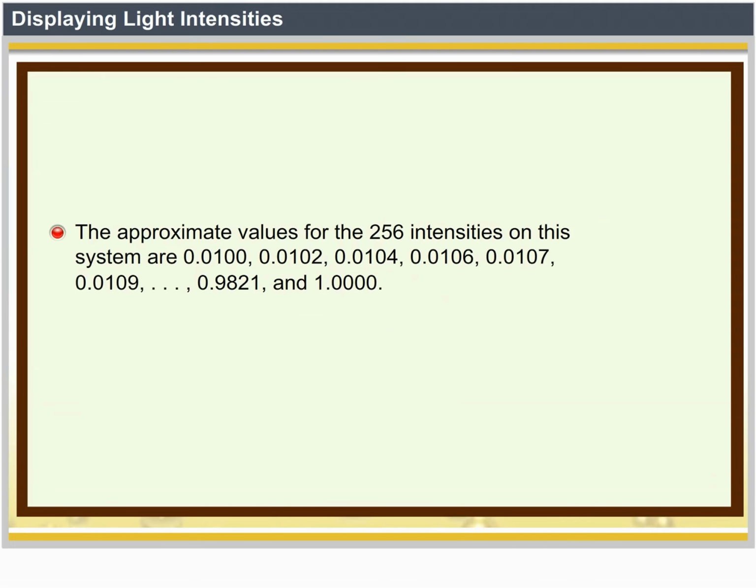The approximate values for the 256 intensities on the system are 0.0100, 0.0102, 0.0104, 0.0106, 0.0107, 0.0109 and so on, up to 0.9821 and 1.00.